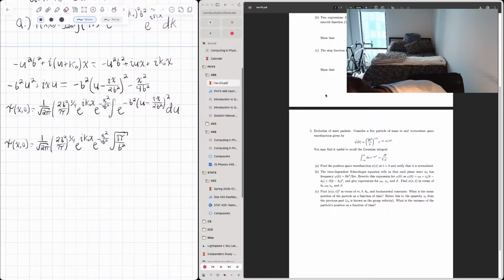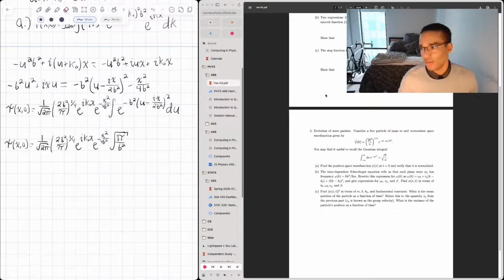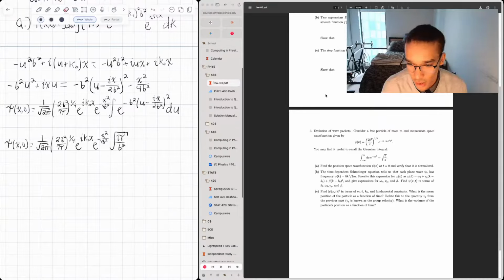I don't need to read this stuff exactly. I just need to make sure I know the concepts and stuff. Like this one, kind of forgot what I did last time. Each psi k has a frequency. Okay.